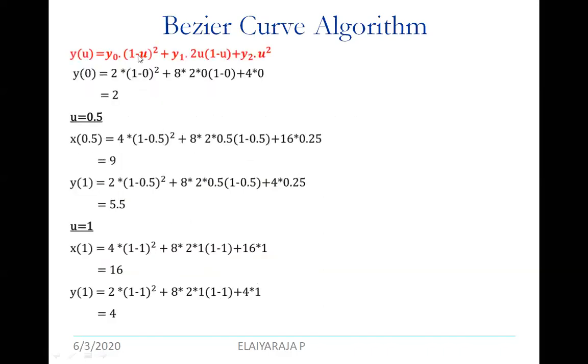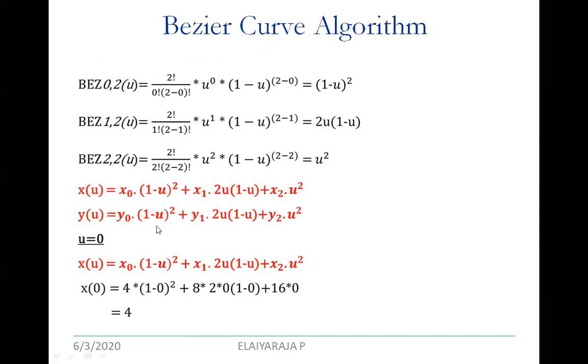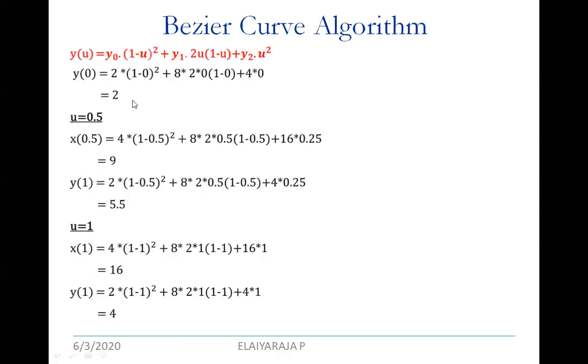Similarly for y, when you apply the value, you get 2. So the x value at initial position u equal to 0 is 4 and the y value is 2. So the initial position is 4 comma 2.